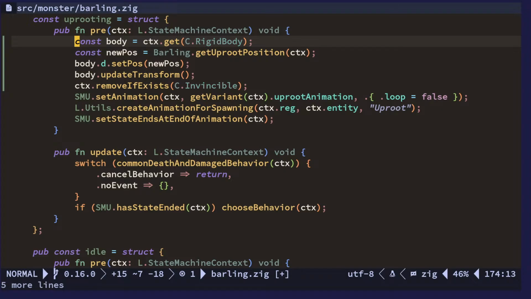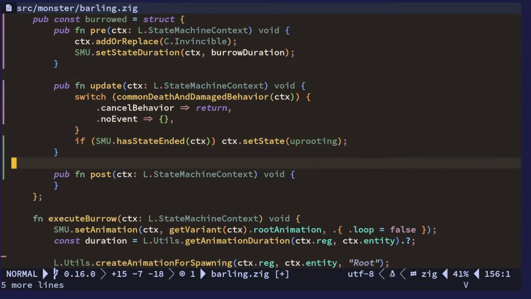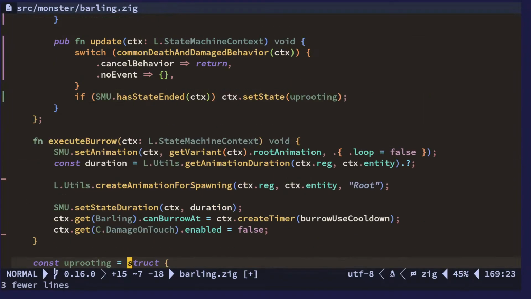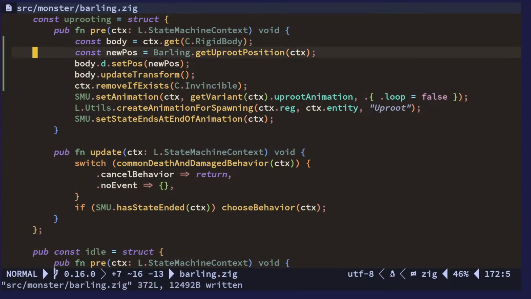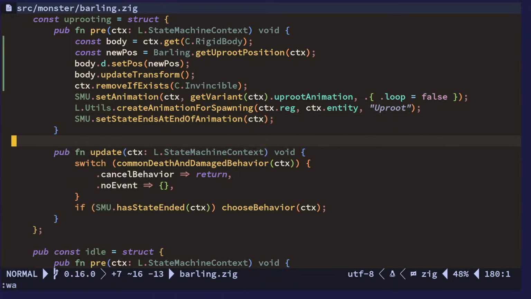We could just do all this here. We don't really need this post. So it goes to uprooting, we get the uproot position, we set the position to that, we remove invincible, and we set the animation to uproot and all that stuff. Okay, there we go. And then it goes back to the normal behavior.